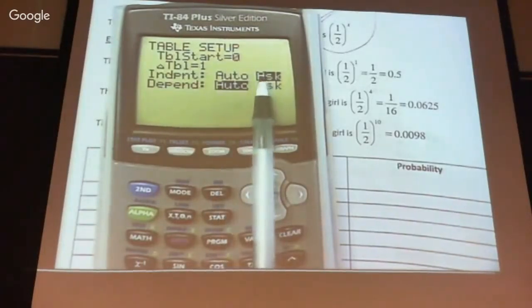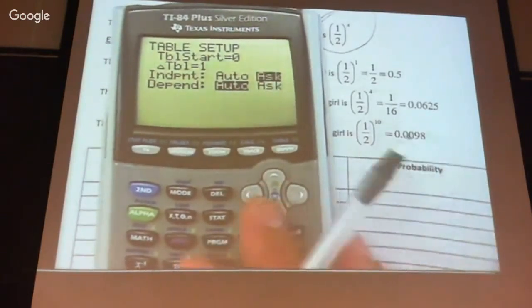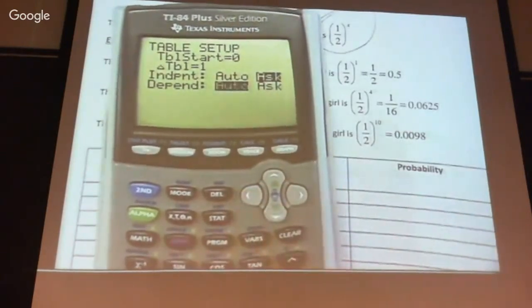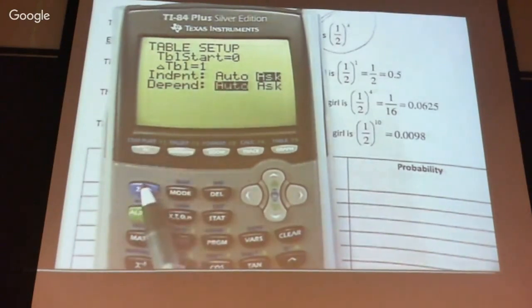Make sure under Independent, you go to Ask and push Enter, and the Dependent is Auto. So make sure it's Ask Auto. Are we okay? Questions there? Now that everything's set up, in y1 we have our function. So now we can go to the table.